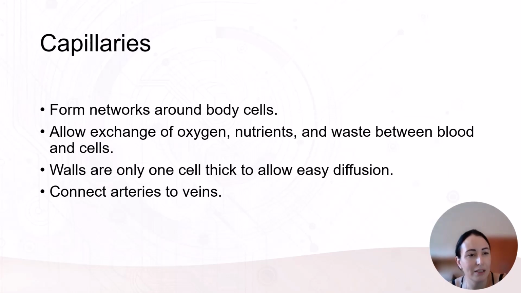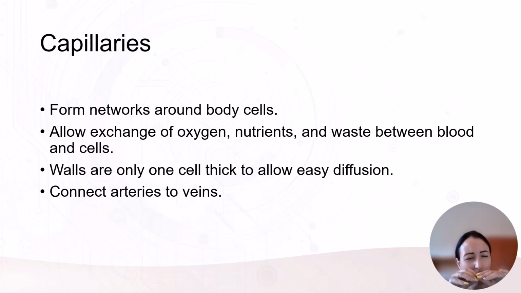And then we get capillaries. So capillaries form networks around body cells. So capillaries you will find at the end of all your arteries and veins. Your arteries and veins narrow and become smaller and smaller, and eventually become little baby capillaries. And these capillaries are in the tissue. And these capillaries have thin walls.